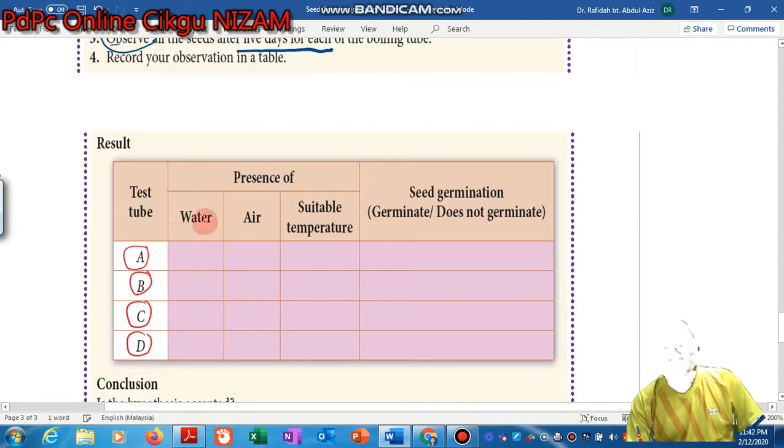So based on the condition of each test tube, okay, in test tube A, we have water, air, and suitable temperature.